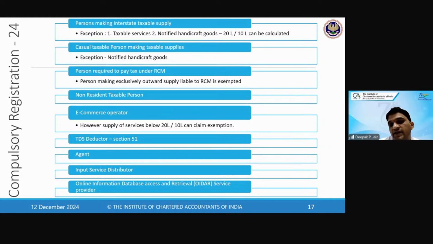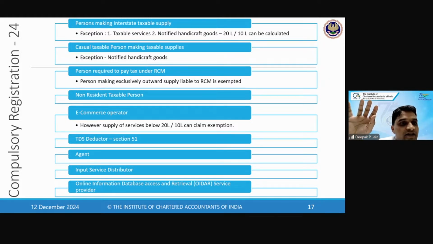So the name itself suggests he's a casual taxable person, not a permanent taxable person. So here, whatever sales he does, even if it is 100 rupees, 50 rupees, that's only a minor amount. But generally, a person who's having turnover of a substantial amount, but below the threshold limit, will have to take registration. For him, threshold will not apply. He has to take compulsory registration.